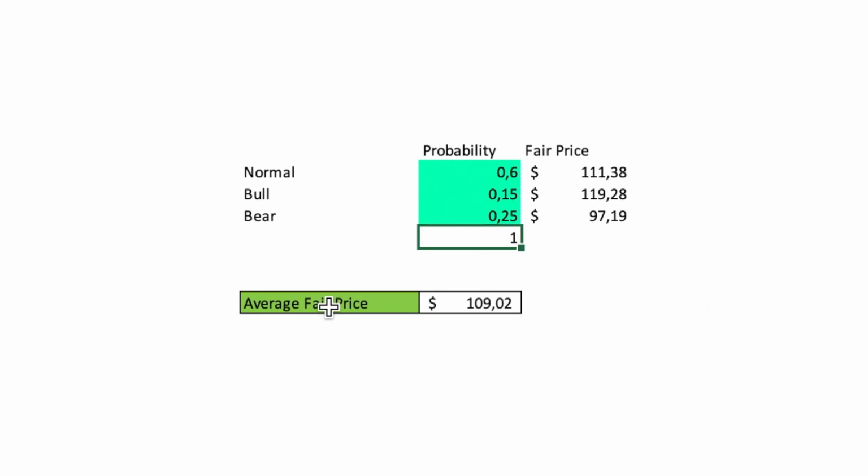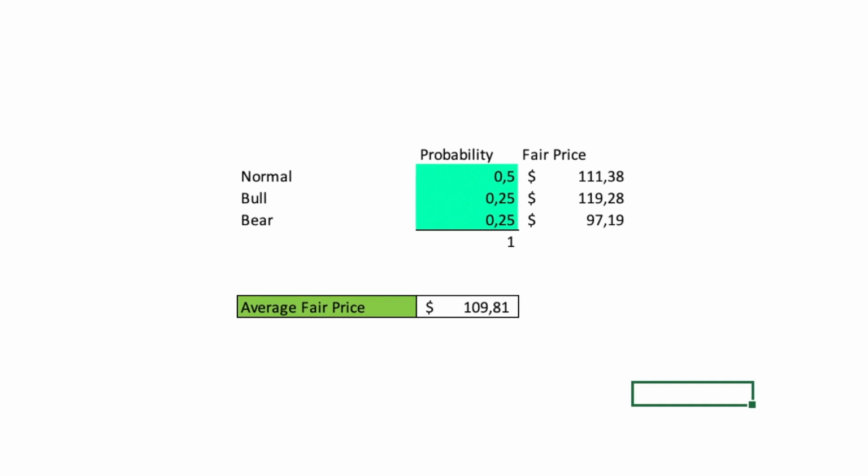What this thing does, it calculates you the average fair price, the final, according to the fair prices you have found in your scenarios and the probability you put in those scenarios. See that if I put 0.5 and here I put 0.25, the price actually changes.